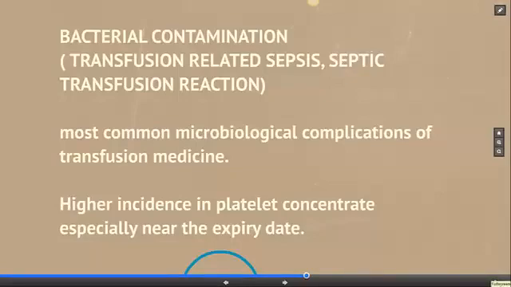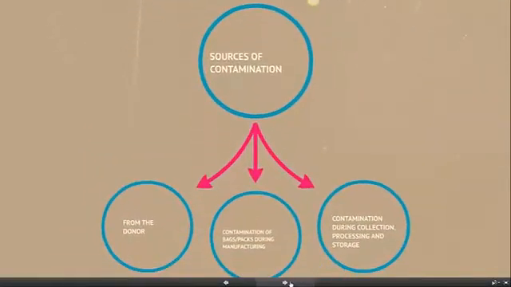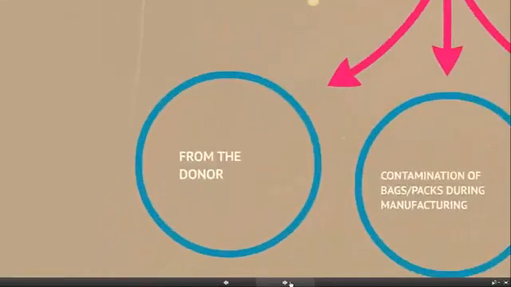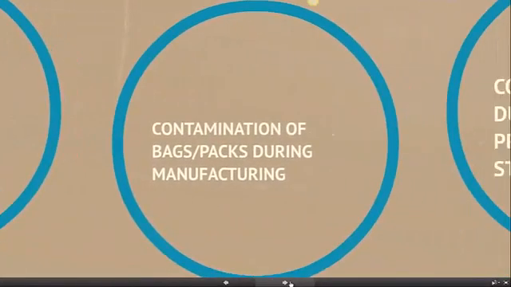Where are the sources of contamination? We have three major causes of contamination. One is from the donor. That's why before we take the blood from the donors, we need to make sure that we clean the skin of the donors very well. The second one comes from contamination of the bags or packs during manufacturing.